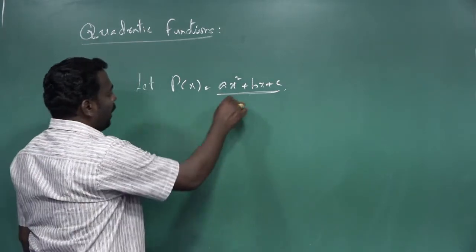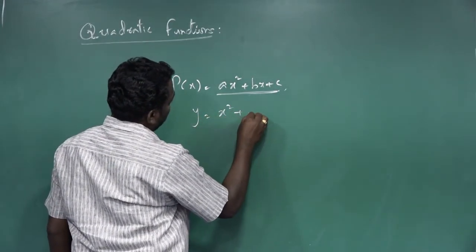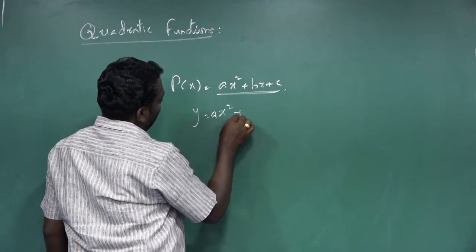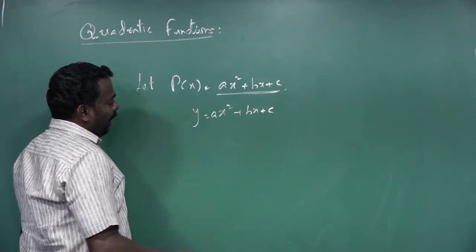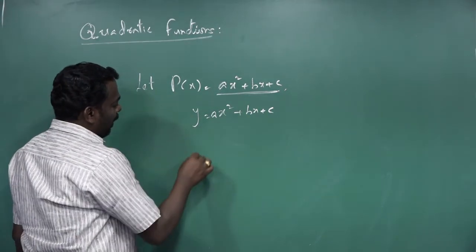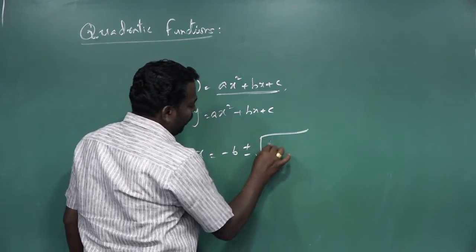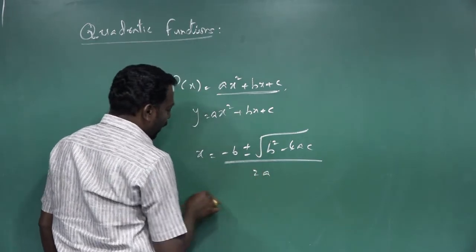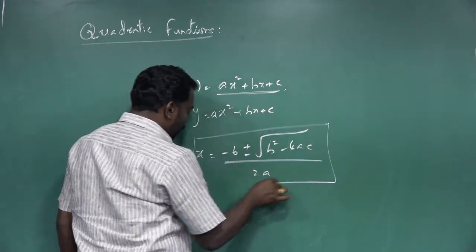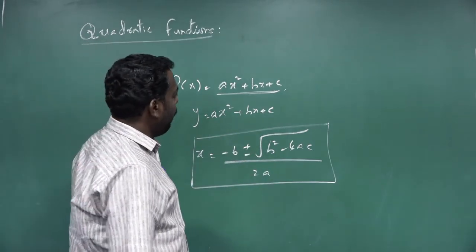Now, using this quadratic equation, let us consider y = ax² + bx + c. Using this equation, find the value of x by applying the quadratic formula: x = (−b ± √(b² − 4ac)) / 2a. Apply this formula to find the value of x.